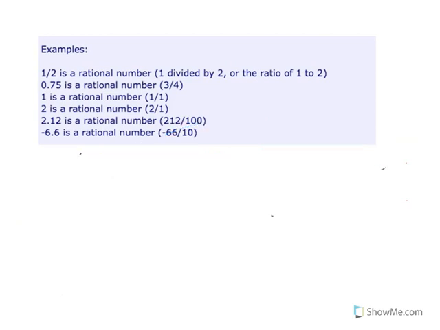Now, what difference do you notice with this example? -6 and 6/10. What do you notice that's different from this number and all the other numbers here? Well, some of you may have guessed it correctly. The difference is that here I have a negative number. And a negative number, guys, is a number less than 0.